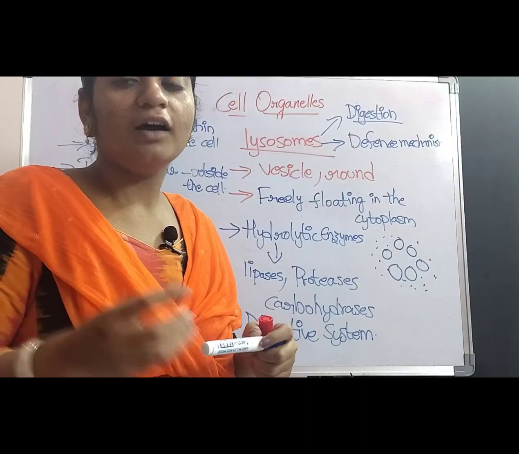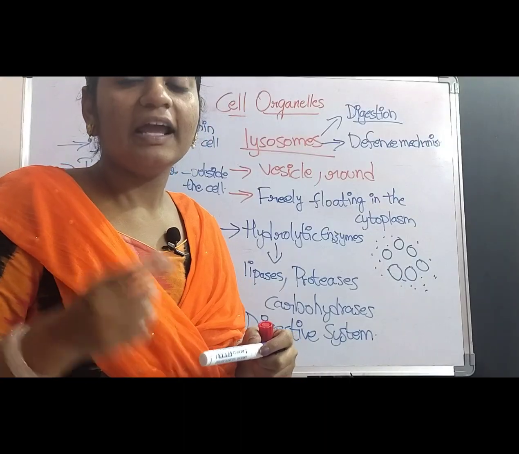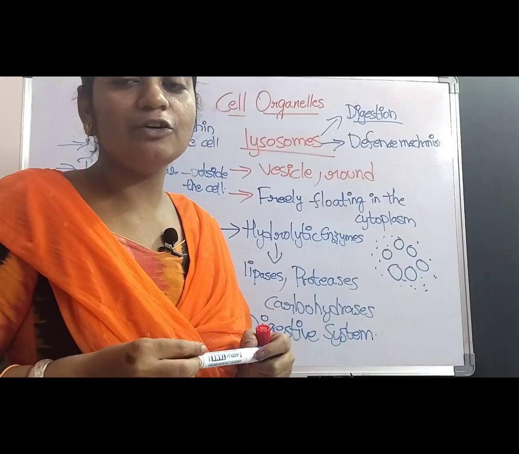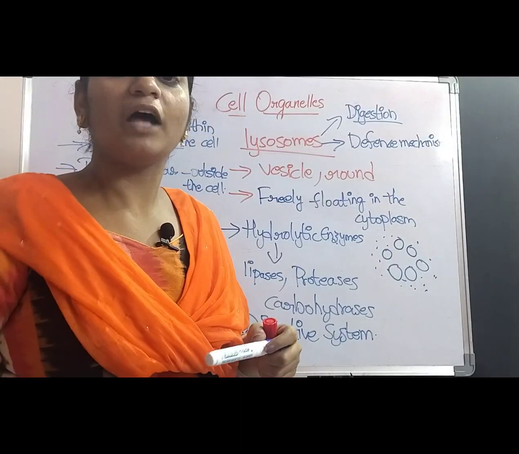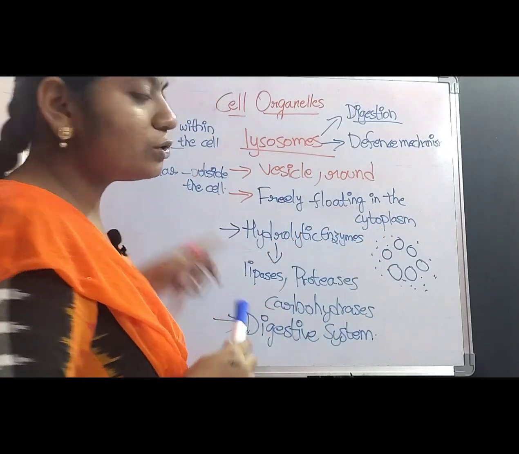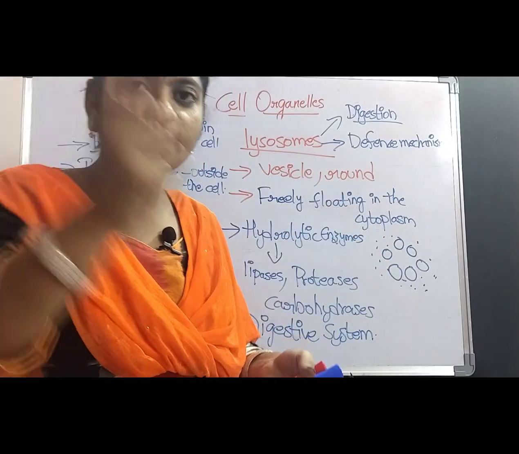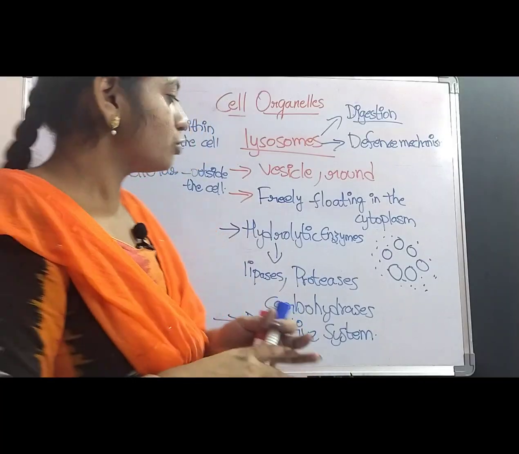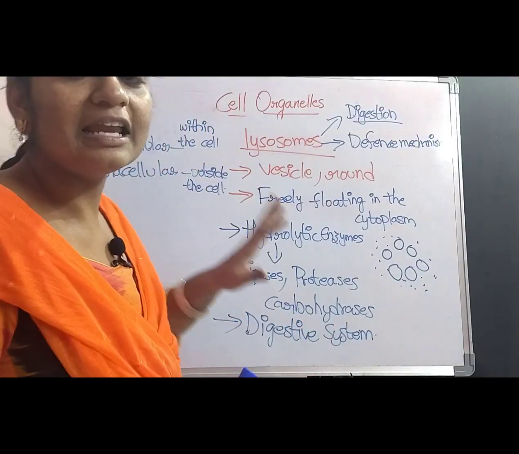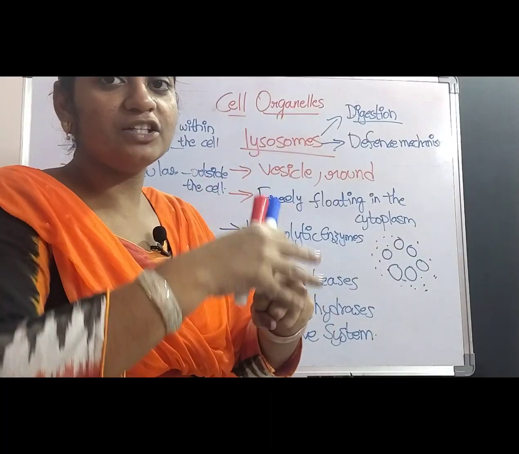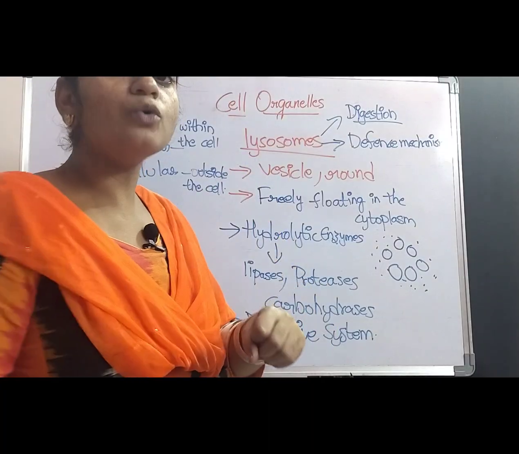So if any bacterium or any dust particles enter into the eukaryotic cell from the outside, then the lysosomes break down those dust particles or the foreign particle into pieces. So this is called intracellular digestion, the digestion which takes place outside the cell.